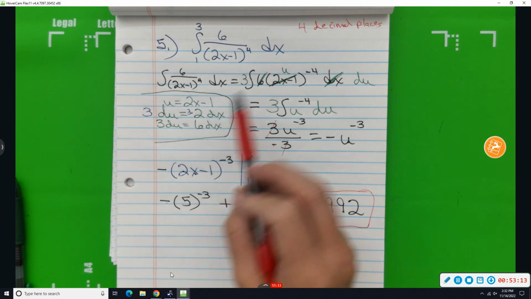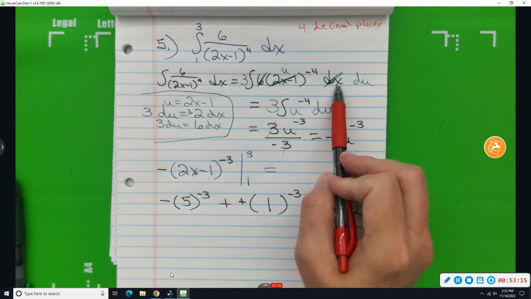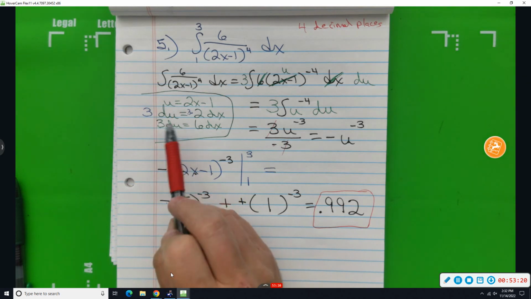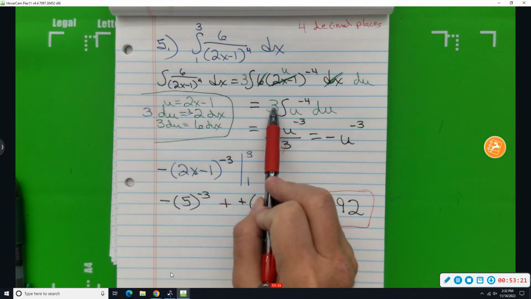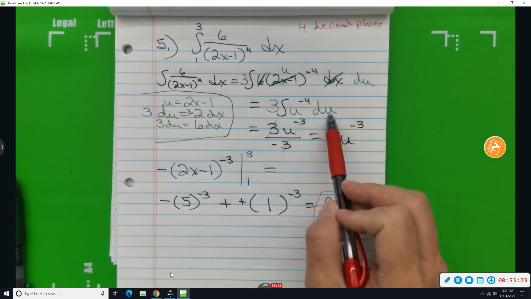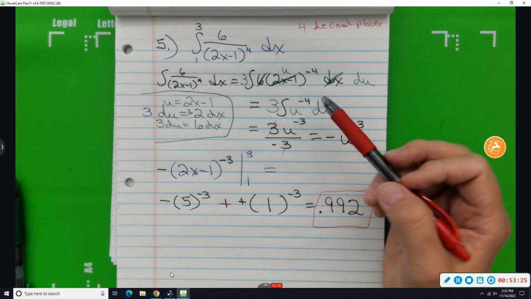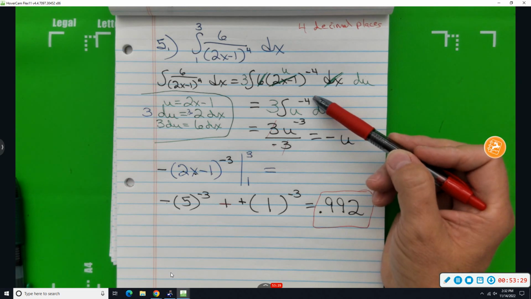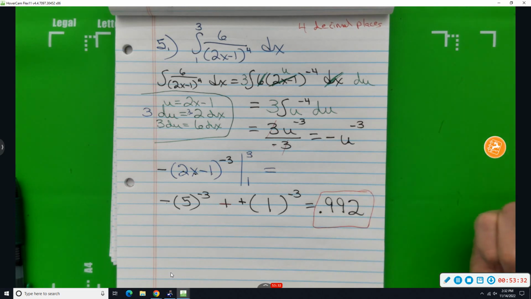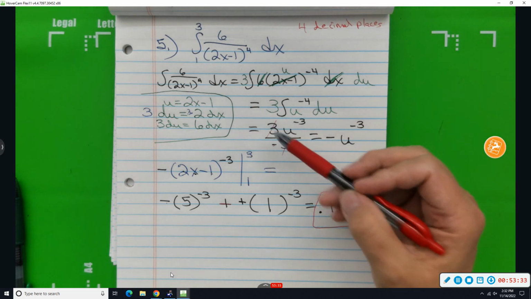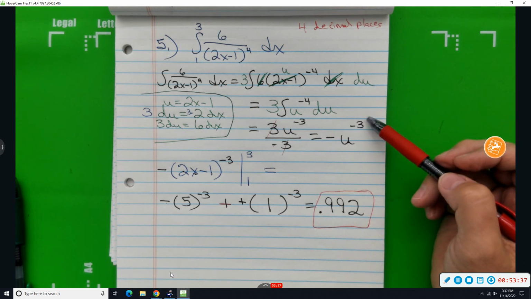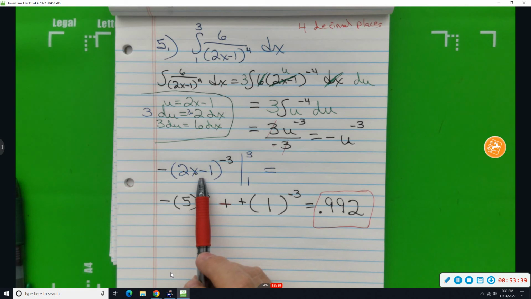We were able to get rid of the 6 dx by replacing it with a 3 du. The 3 goes out front, the du goes at the end. To anti-differentiate a variable to a negative 4, you add 1 and divide by the new exponent. We could cancel the 3's, just get a negative 1 u to the negative 3.